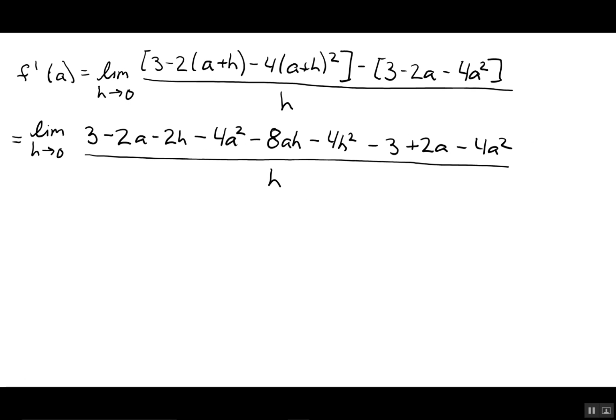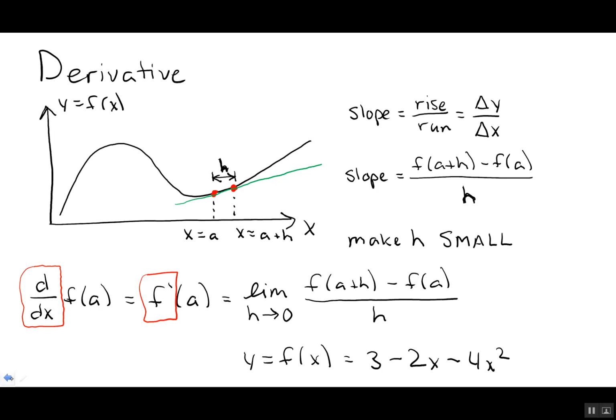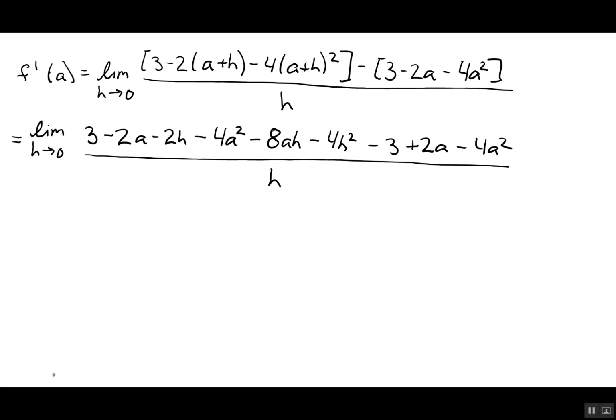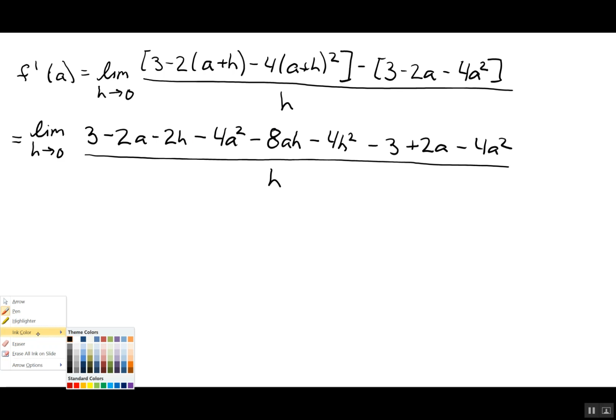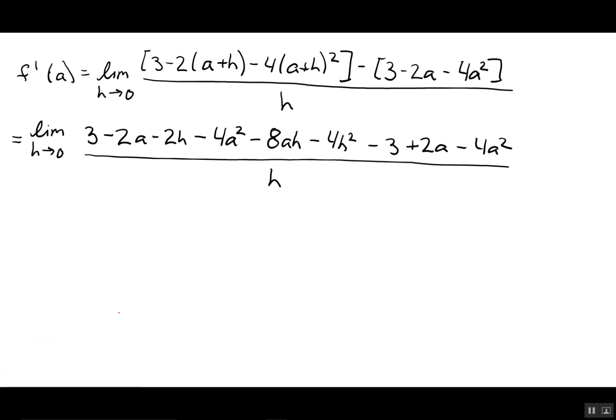So if I take this expression and expand it out, I get a big, long, messy thing that looks like this. And now what I can do is I see that there's actually a lot of terms in here that cancel. There's a positive 3, negative 3, which will cancel.